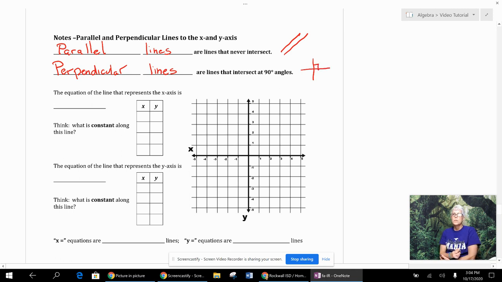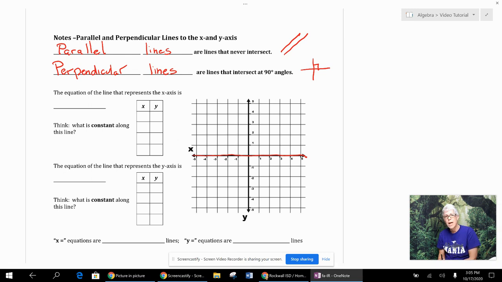Okay, so the next part of this asks the question, the equation of the line that represents the x-axis. So let's look at the x-axis on this coordinate plane. This is our x-axis. There's a name for this line, just like there's a name for a slanted line, a line that has a slope.